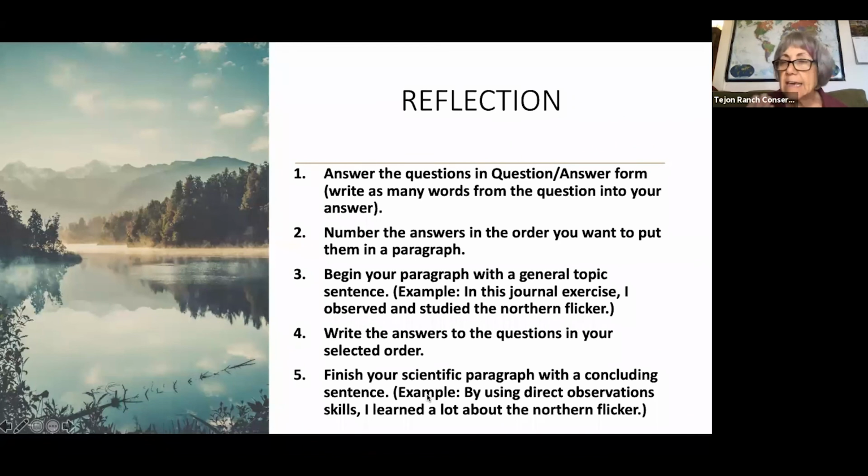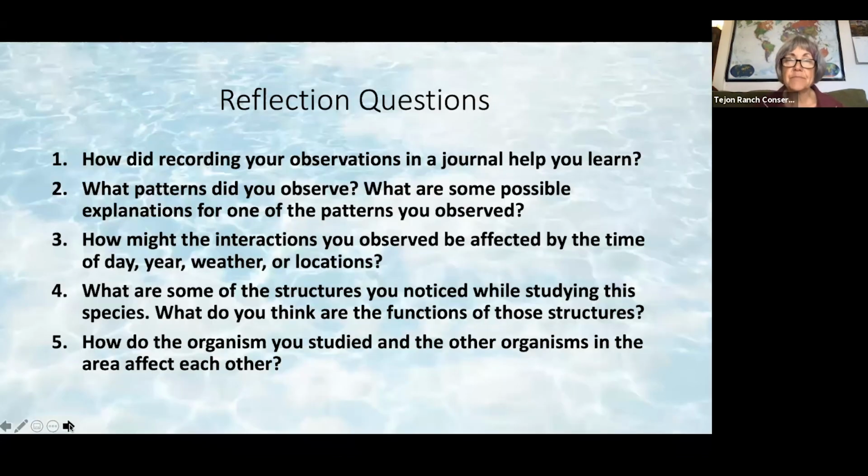Again, nothing that's difficult to think about, just something that closes off that sentence. And I wrote, by using direct observation skills, I learned a lot about the northern flicker. So once you've done that, don't forget to proofread.